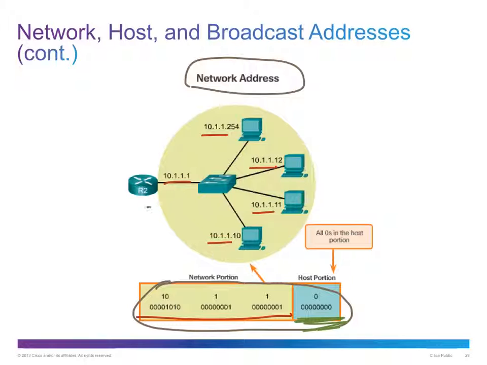So everything on this side of the router from that Ethernet going to this switch and going out, all those would have that same network part of the address. 10.1.1.0 slash, here would be 24.